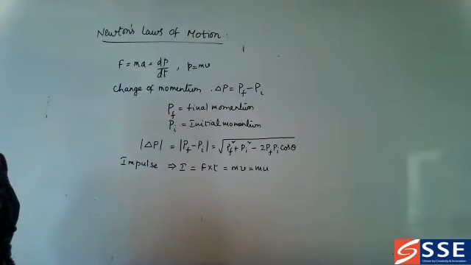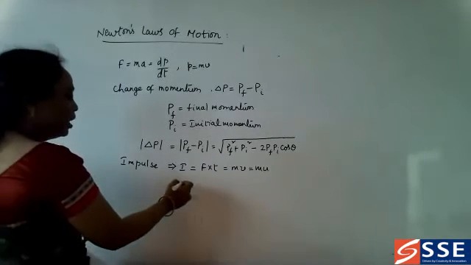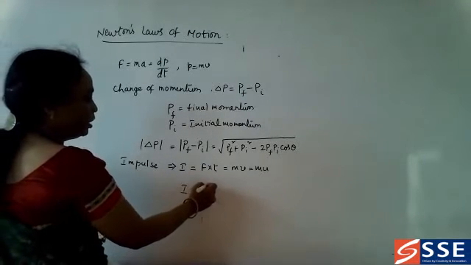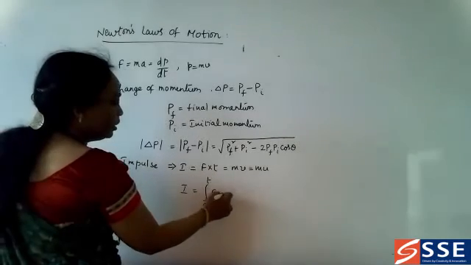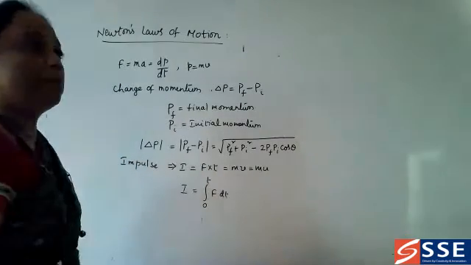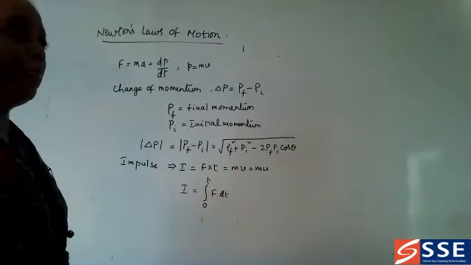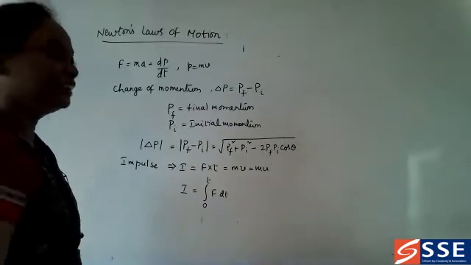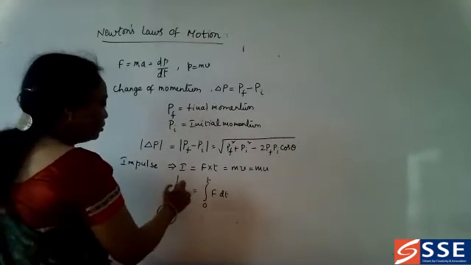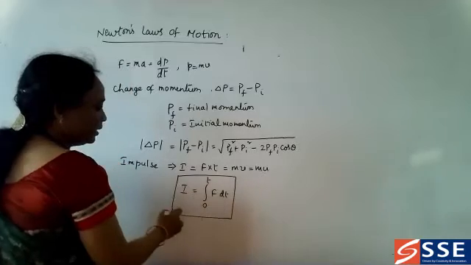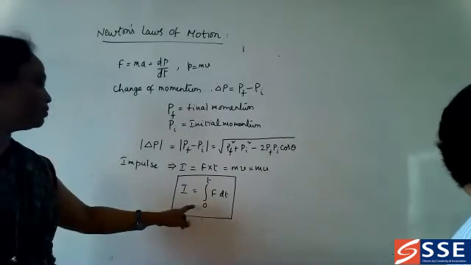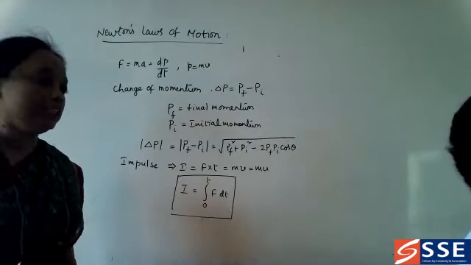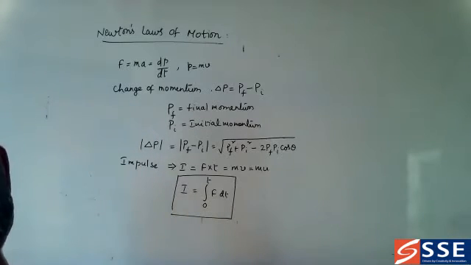Another formula for impulse is I equals the integral from 0 to t of F dt. So this is the formula for impulse.